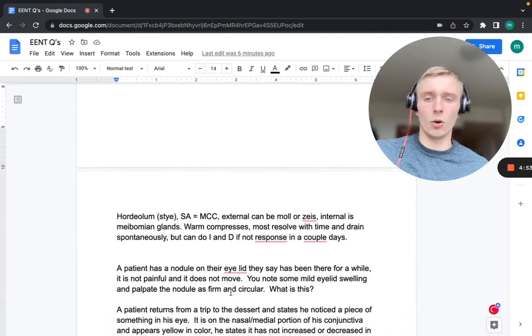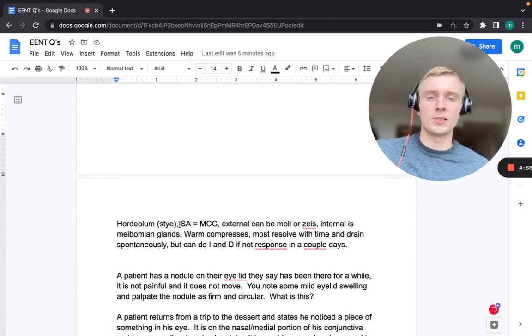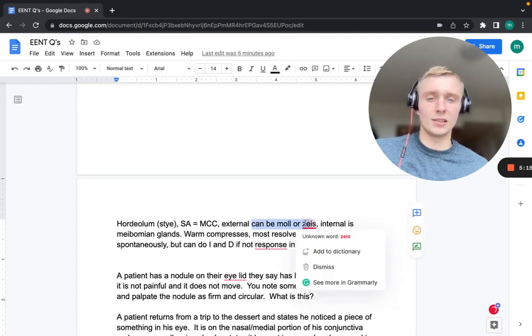So this is going to be a hordeolum, or a sty. The Staph aureus is the most common bug, most common cause, for a hordeolum, or a sty, also called. The two different types anatomically are external, which can be glands of Moll or Zeis. So external is glands of Moll or Zeis. Internal is the meibomian glands. So again, internal meibomian glands, external glands of Moll or Zeis.